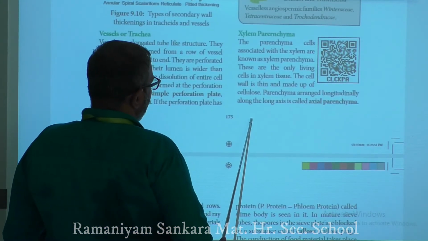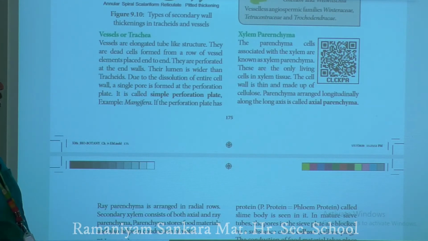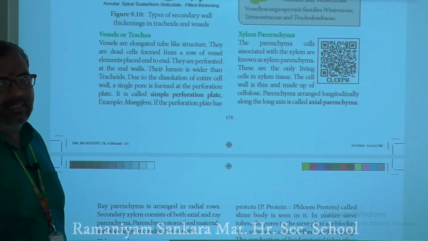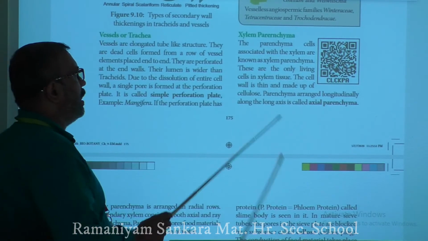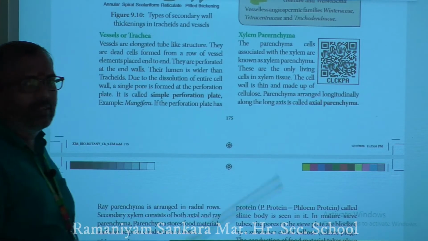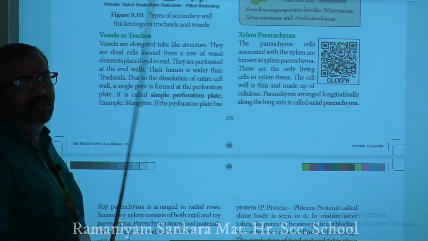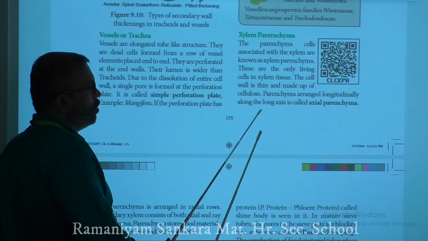Next one, xylem parenchyma. The parenchyma cells associated with the xylem are known as xylem parenchyma. These are the only living cells in the xylem tissue; all the other tissues are dead. The cell wall is thin and made up of cellulose.